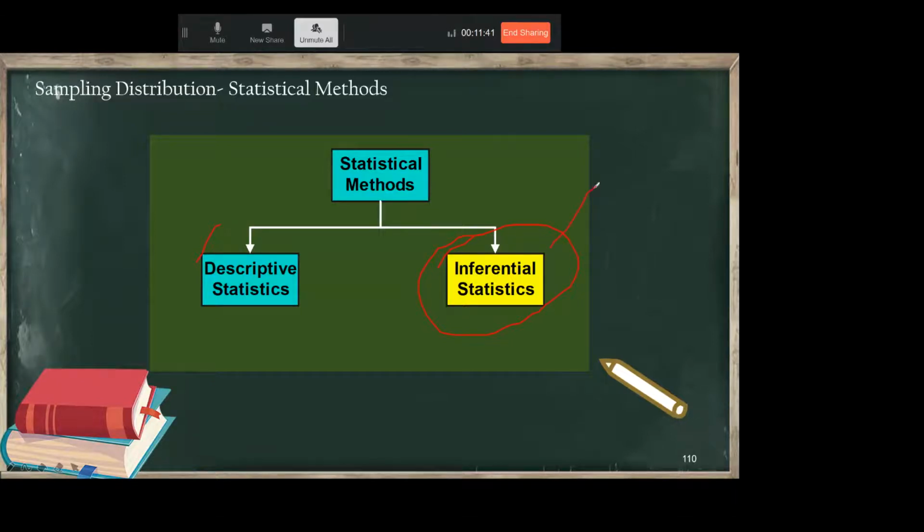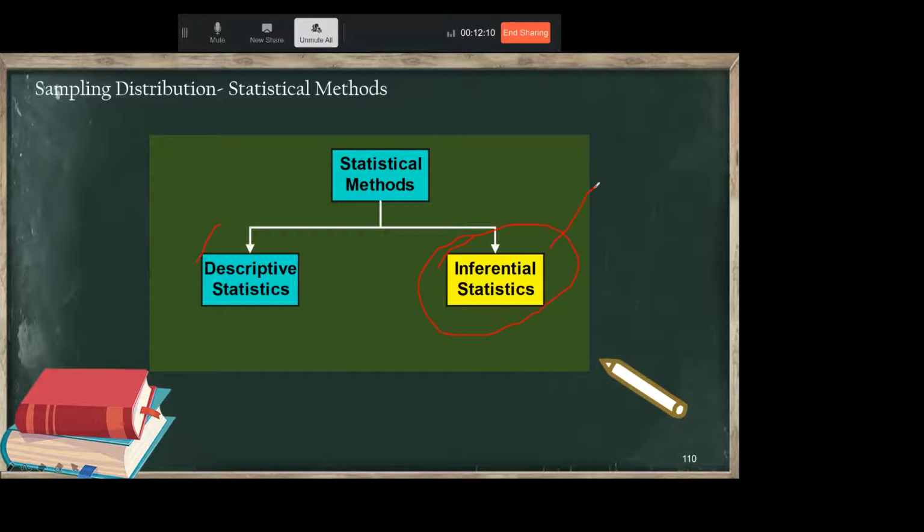We divide the statistical methods into two possible ways: descriptive statistics and inferential statistics. We start with a discussion on sampling distribution as well as point estimation, and we will focus on the central limit theorem today. So we will try to finish these three topics today.